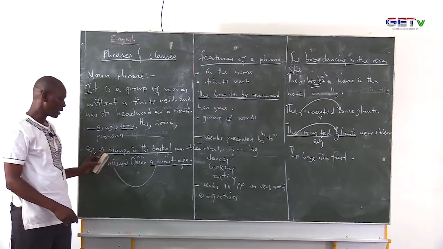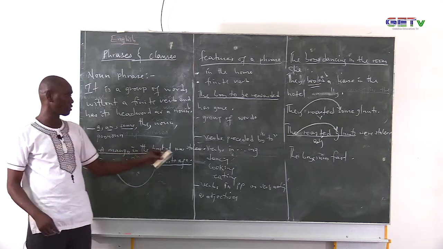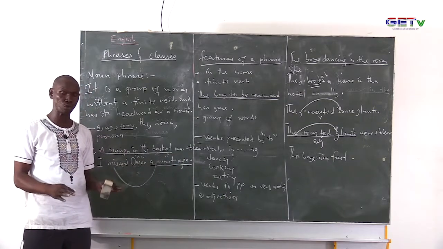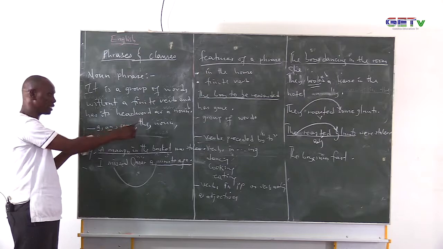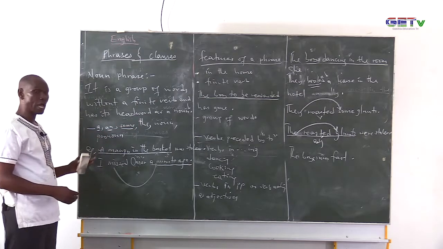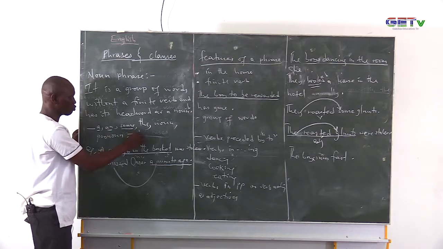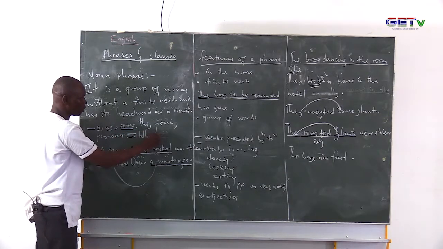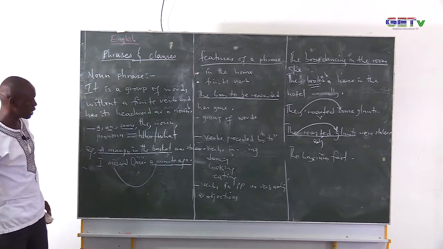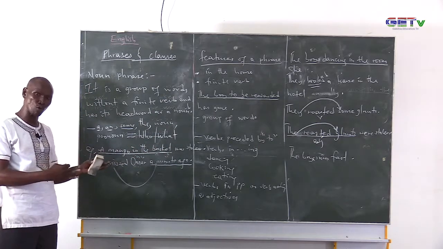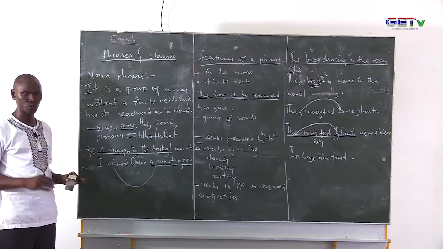While this other one, a mango in the basket, is a noun phrase, and then it is subject of the verb phrase was stolen. So you take note of that. So these are indicators. A and some, the, a noun or pronoun. And in addition to that, noun phrases and clauses answer the question who or what. So it means if you have a noun phrase or clause, if you put down who or what before or after the verb and make a question, the underlined word will serve as the answer.